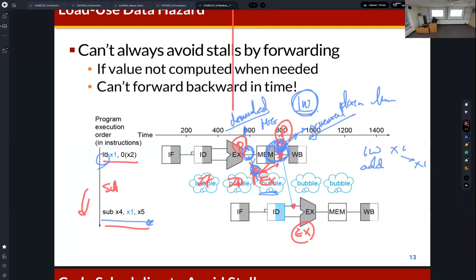So this generated data can be forwarded to this point, at the start input port of the ALU. Now this is the future and this is the past, so it's possible. Data can be delivered. It's a forwarding.